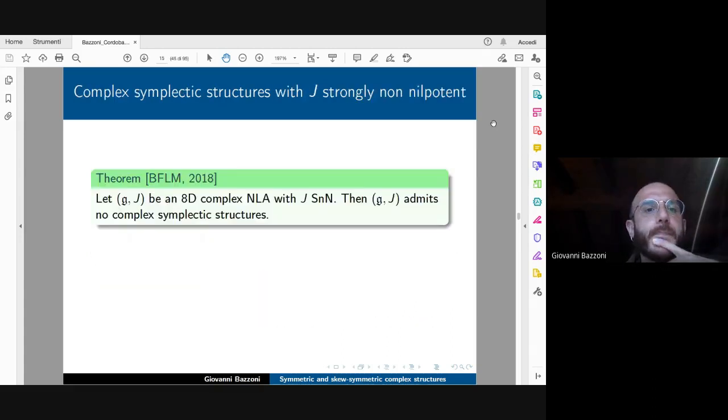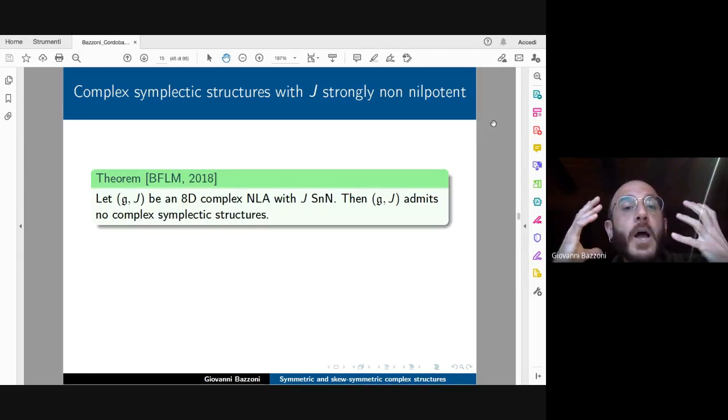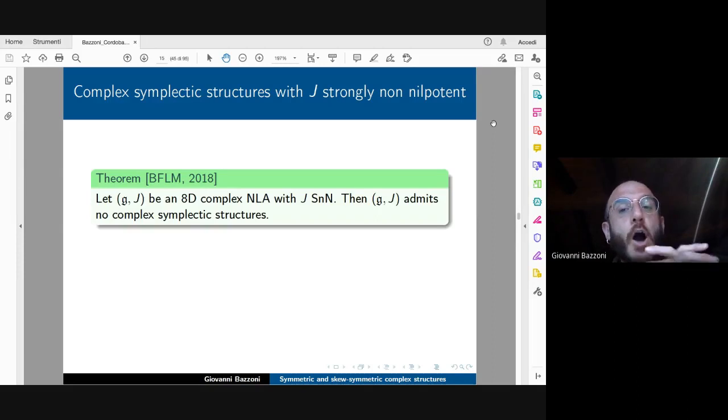Villacampa. So a first result, which concerns complex symplectic structures on nilpotent Lie algebras in dimension 8, is that if you have such a datum, so an 8-dimensional complex nilpotent Lie algebra, and you know that the complex structure is strongly non-nilpotent, then there is no complex symplectic structure on G_J.